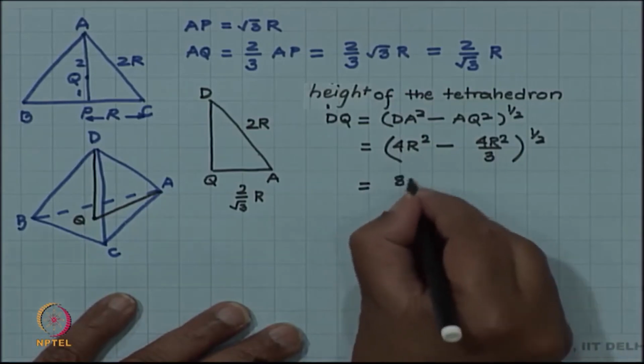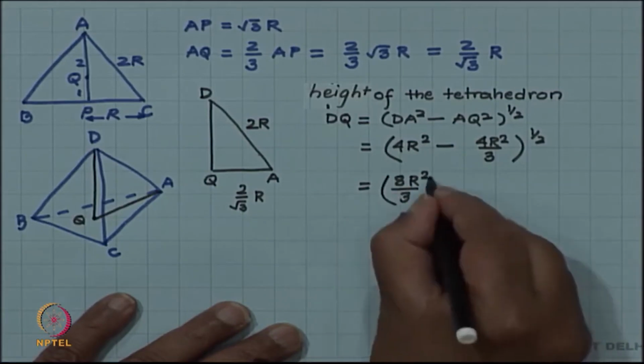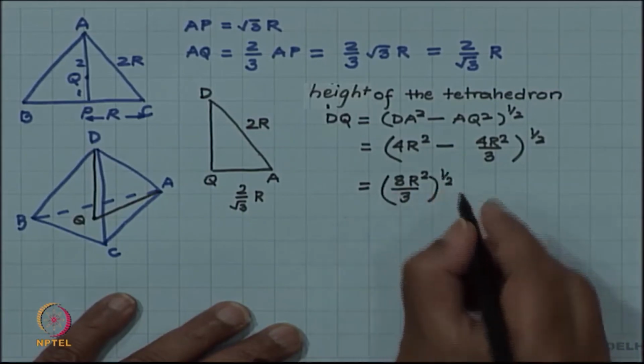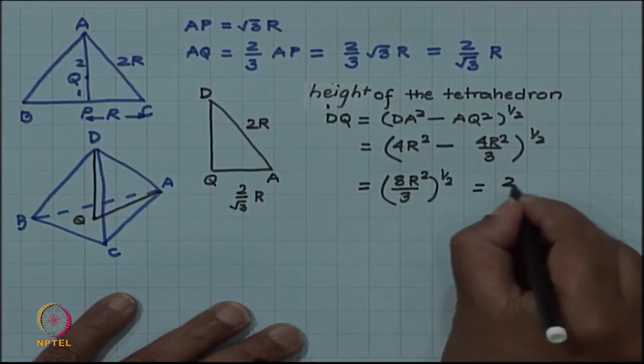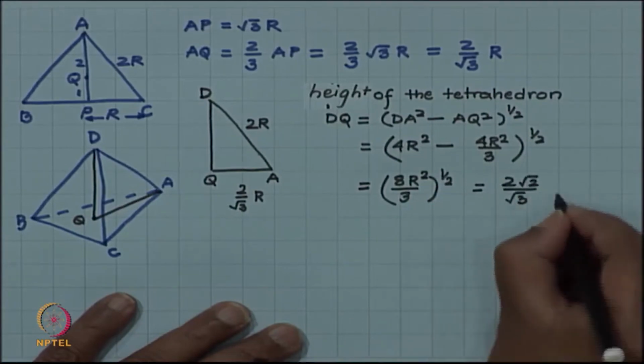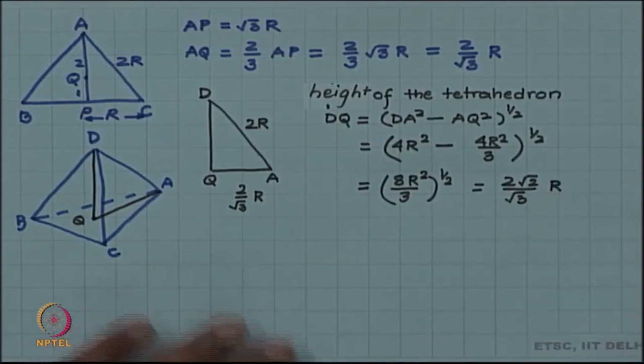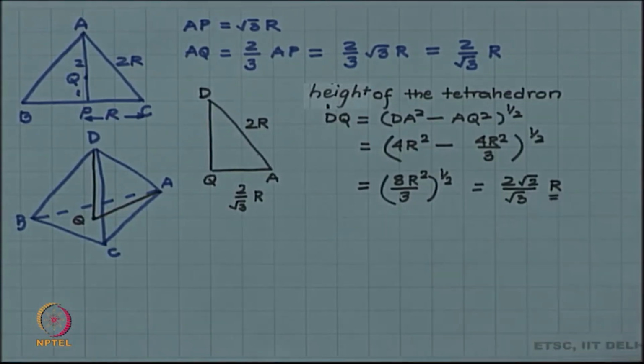So, this will be the square root of 8R square by 3, which gives us 2 root 2 by root 3 R. So, we have found the height of the tetrahedron in terms of the radius of the atom.